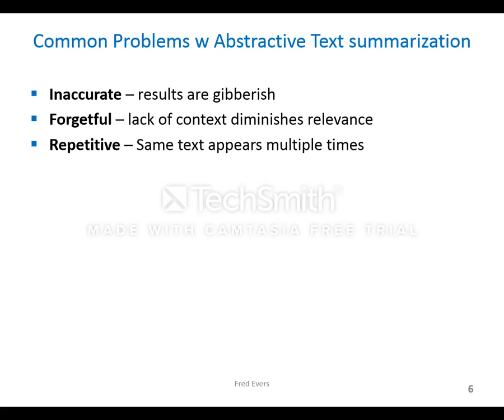Some of the problems that are frequently seen with text summarization in the abstractive method that I've described are inaccuracy. Often you see gibberish being generated by such models. Neural networks ultimately are forgetful, and so it's very difficult to program memory into them so that they can look backwards at the prior state of their networks in order to develop a greater sense of context.